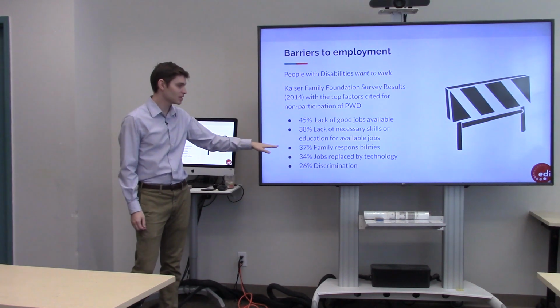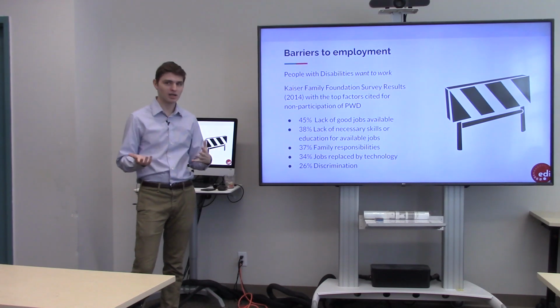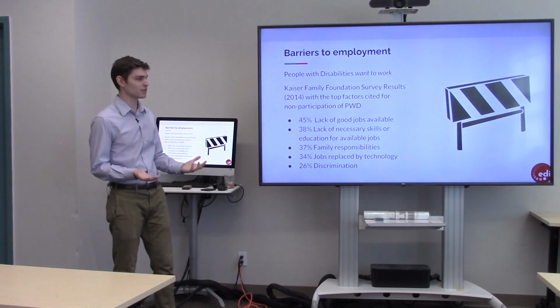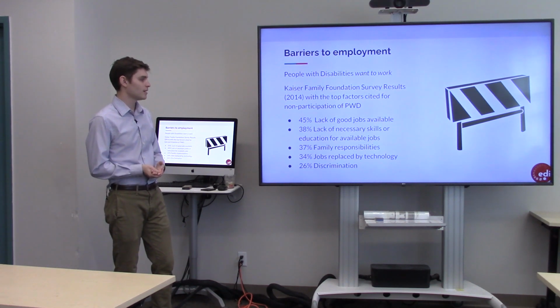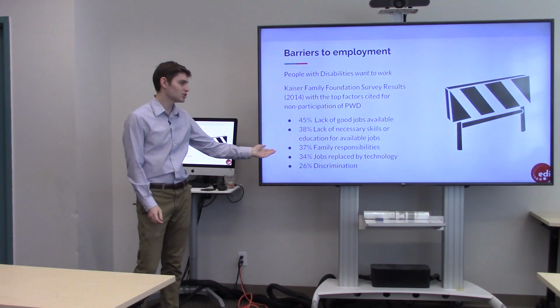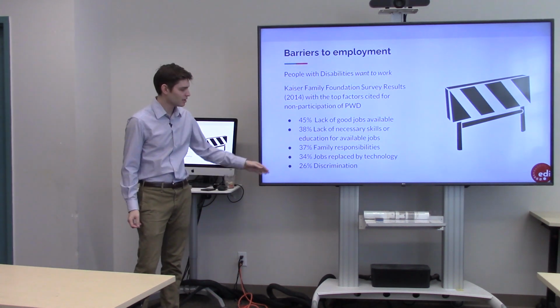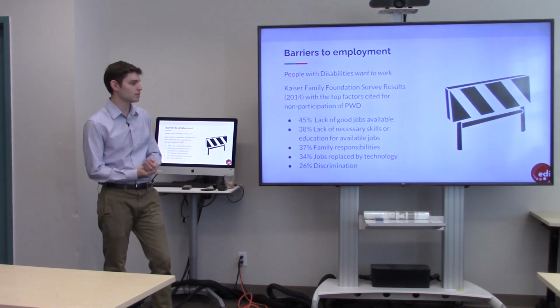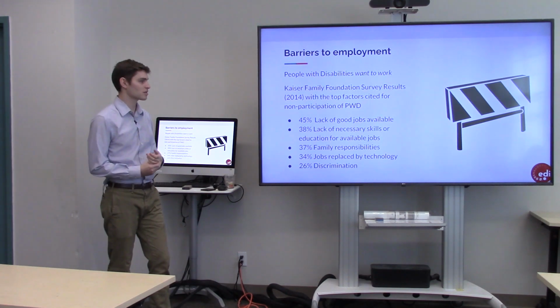With family responsibilities, there are models of the job guarantee that include different sorts of care work, so you might be alleviating some of those family care work responsibilities on individuals. Jobs replaced by technology: I think the job guarantee addresses that with the labor-first focus. And then discrimination as well. You could administer a job guarantee in a way that would be less discriminatory than private sector employers.